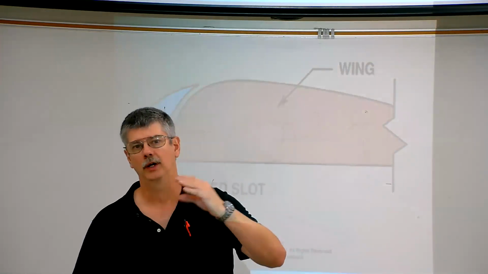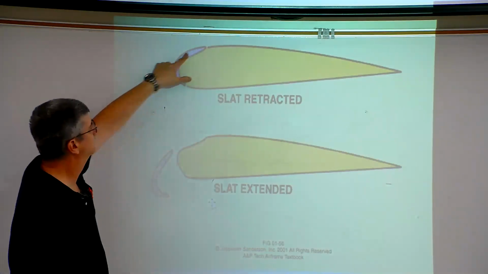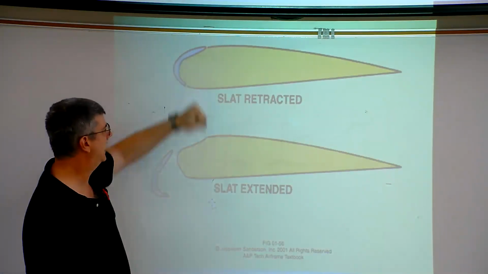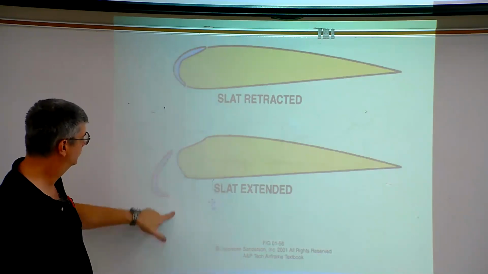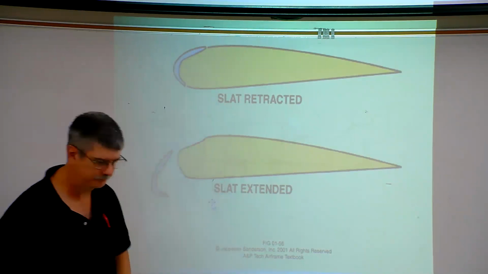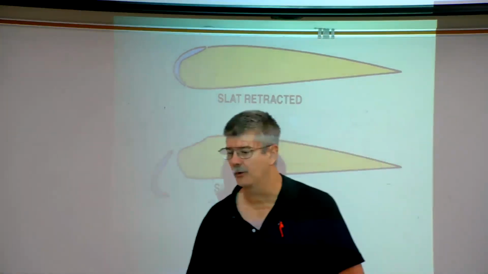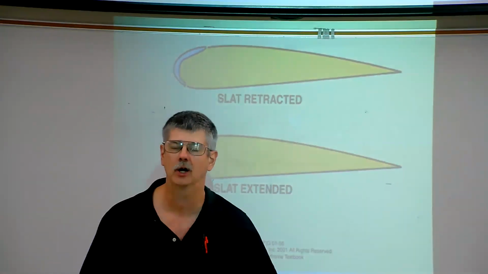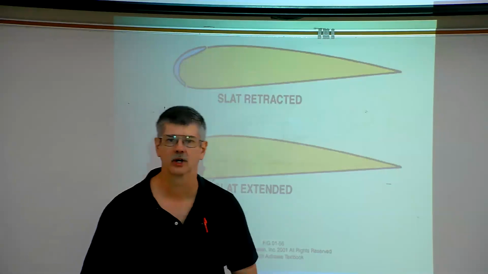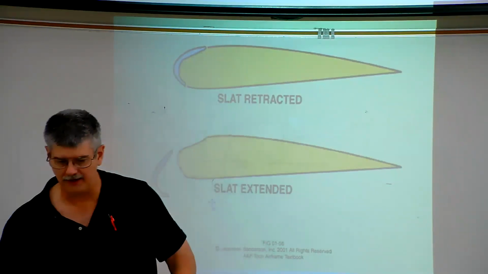So during standard flight, the slat is retracted, but then we can extend the slat to open up the slot. Slats and slots are for the purpose so that the airfoil can reach a higher angle of attack before it stalls. That's all, okay? Are we good there?